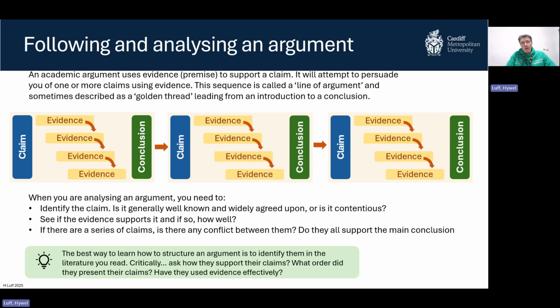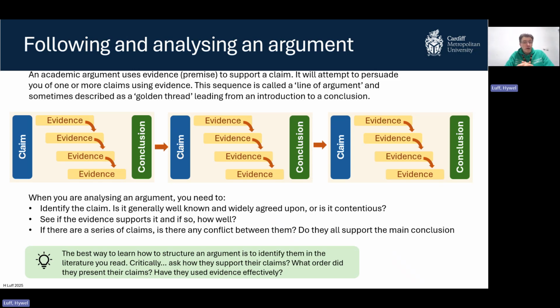Okay, and when you're looking at these, you can think, well, is what they're claiming pretty straightforward? Or is it something that really isn't widely agreed on? Is it something where they're going to have to put some pretty strong evidence to overturn what most people would expect? Okay. And if they are putting together, like in this diagram, a series of claims like this, do they all actually fit together?